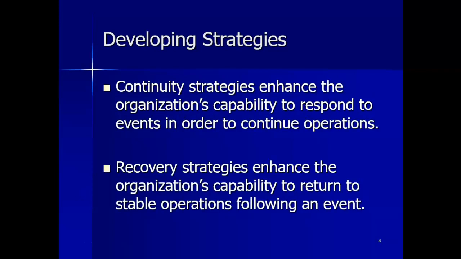And strategies may prevent disasters, provide backup for lost resources, or specify alternative resources to deliver products and services. A strategy may provide protection against only one event or against several events.